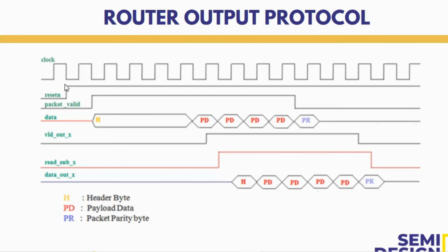Here you can see all the signals are sampled at the falling edge. The reason they did this with the falling edge is because of the timing constraints, I think. The router is sensitive to the rising edge of the clock only, but by the time it reaches the rising edge, the data has to be available, so stable data has to be available.